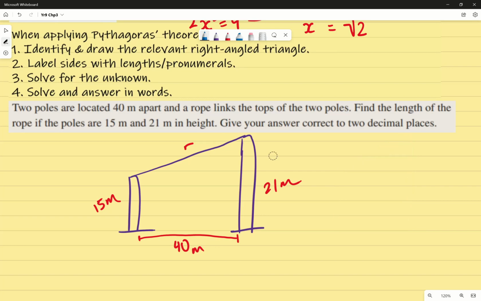Where could I find a right angle triangle? Well, I could just cut off most of it and just focus on this, couldn't I? Is that a right angle triangle? It is. What is the value of, let's say, this side? What's the height of that?